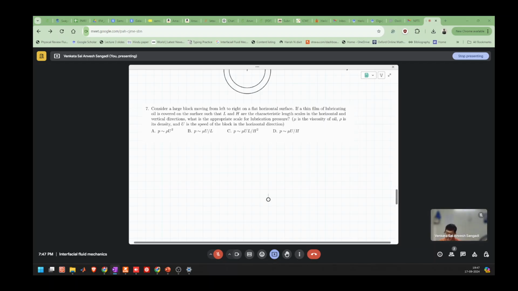So we look at the next question. Consider a large block moving from left to right on a flat horizontal surface.